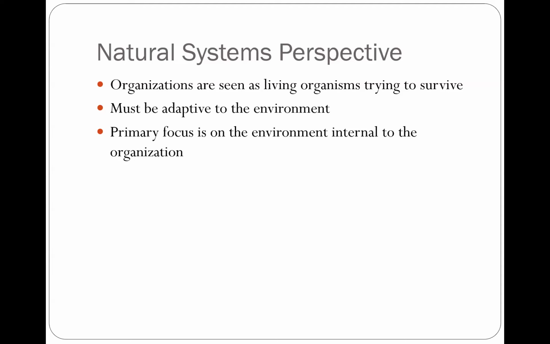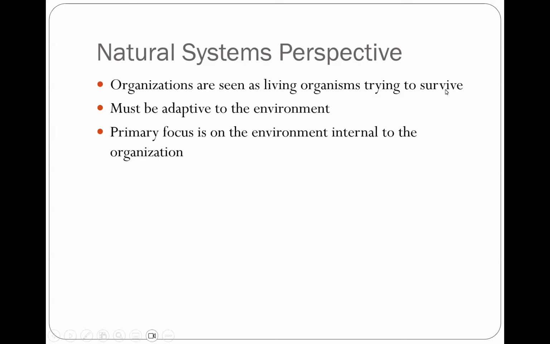So in natural systems theory, the relationship between the organization and its environment is a one-way street, in that as the organization ages and matures, it will dissipate resources and energy out into its external environment through a process known as entropy.